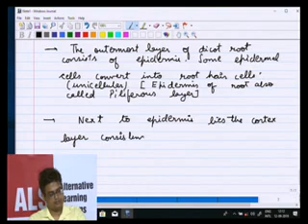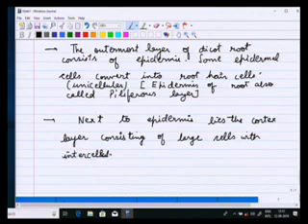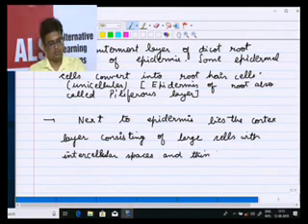consisting of large cells with intercellular spaces and thin cell wall. The parenchyma cells.